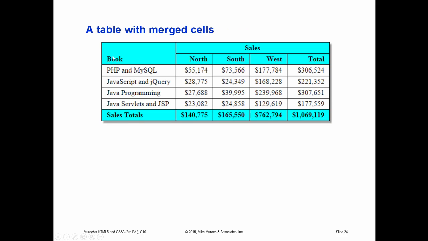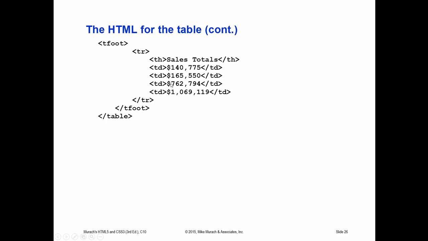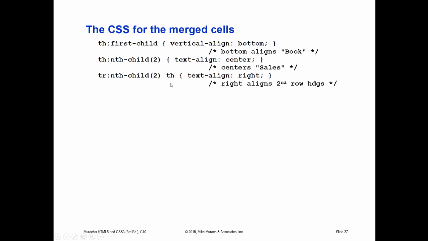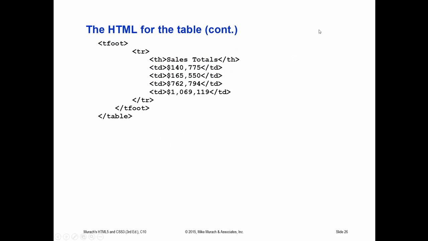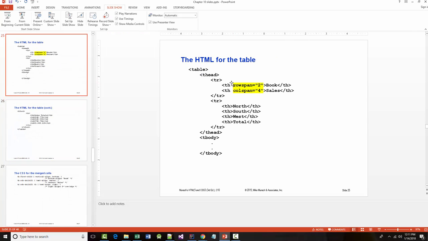And here's an example right here of colspan. See how sales takes up 4 different columns? They show an example of it here. I don't know if they have any rowspan, but I'll do a similar type of thing.